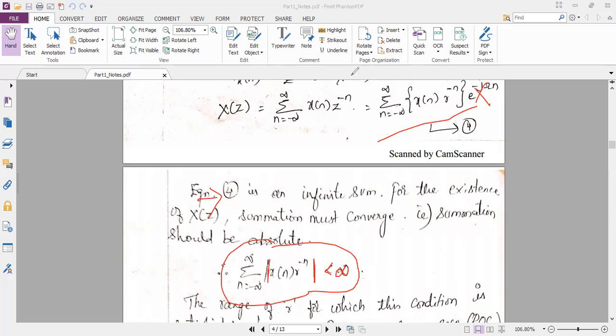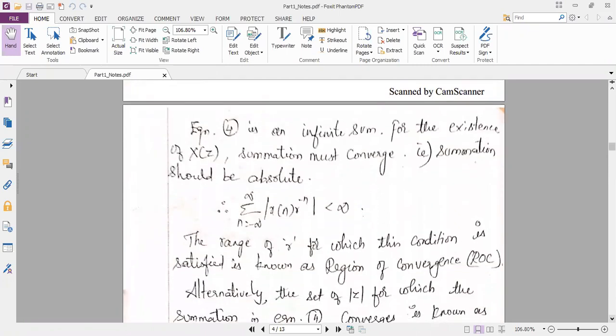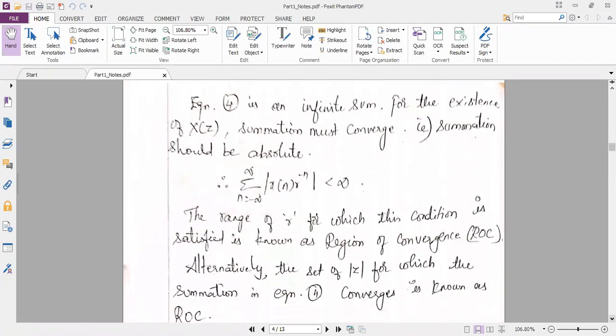In the exam, they will ask you to write the condition for the region of convergence, also called ROC. So you should write that the magnitude of the summation of x of n r power minus n, if it is less than infinity, then the summation is convergent, and the range of this r for which this complete condition is satisfied is called the region of convergence.